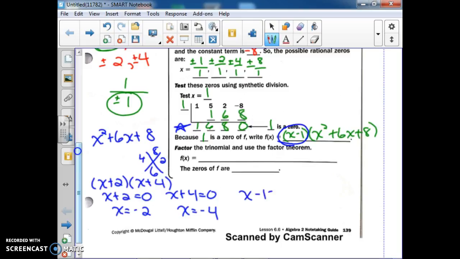So x minus 1 equals 0, so x must be equal to 1. So if we write f of x in our factored form, we have x minus 1 times x plus 2 times x plus 4. And then the zeros are 1, negative 2, and negative 4.